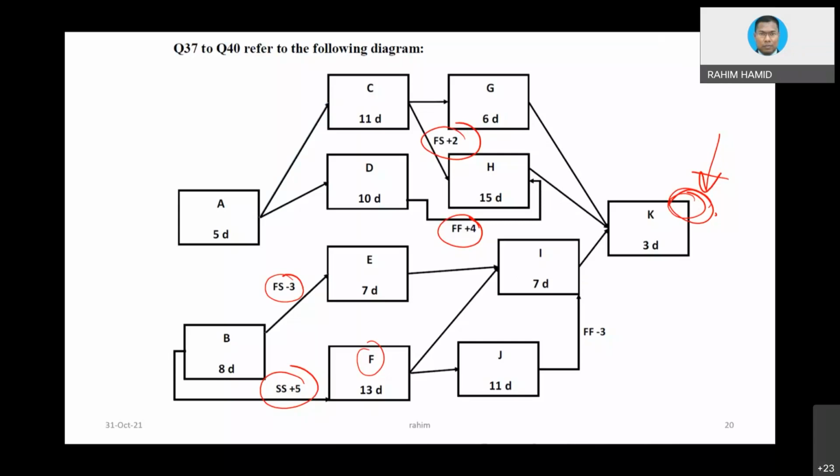You can just zoom into F and see, if we add 2 more days, what would happen to I. Does F have any extra free float? If the free float is 3 days and we only extend 2 days, it is still okay. It's not going to affect anything, so there is no change to the project. That is the kind of question you might expect.